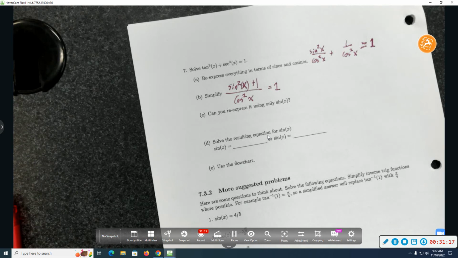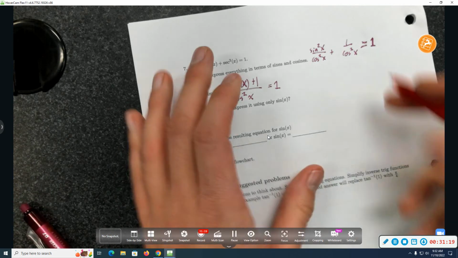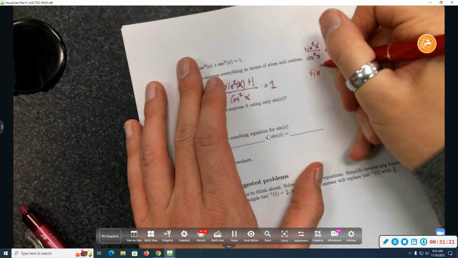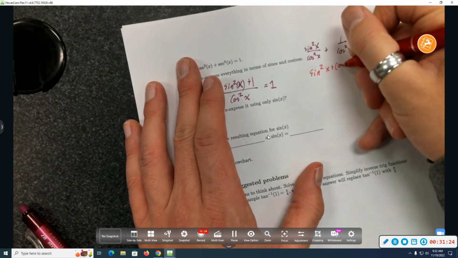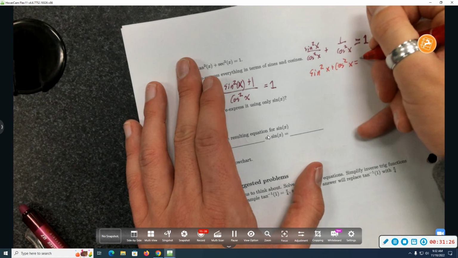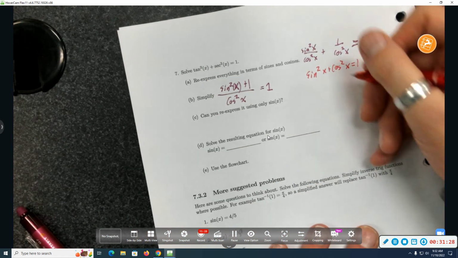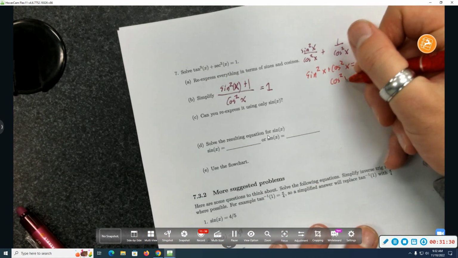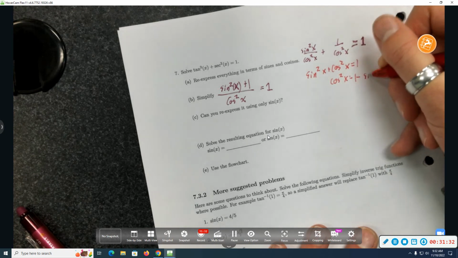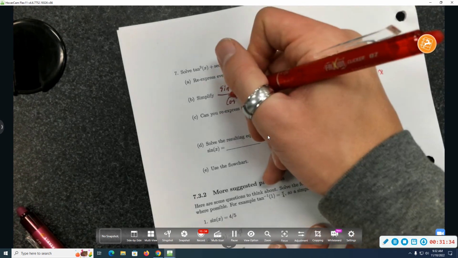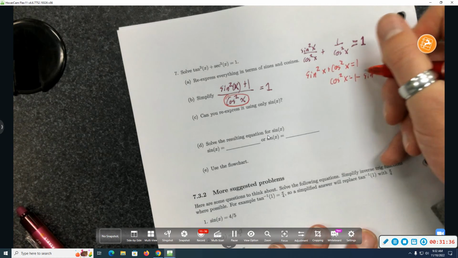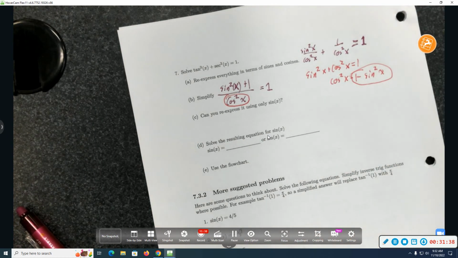So, the rule that relates sine and cosine is sine squared plus cosine squared equals 1. I can solve that for cosine squared. Cosine squared x is equal to 1 minus sine squared x. So this cosine squared x I can replace with 1 minus sine squared x.